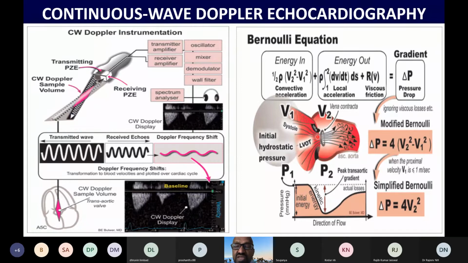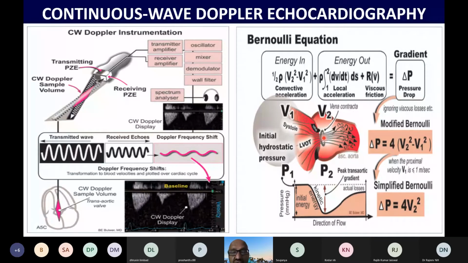So this also explains sometimes why the pressure gradients measured by echocardiography are much higher than what is determined in the catheterization lab, especially if you are measuring the peak pressure.